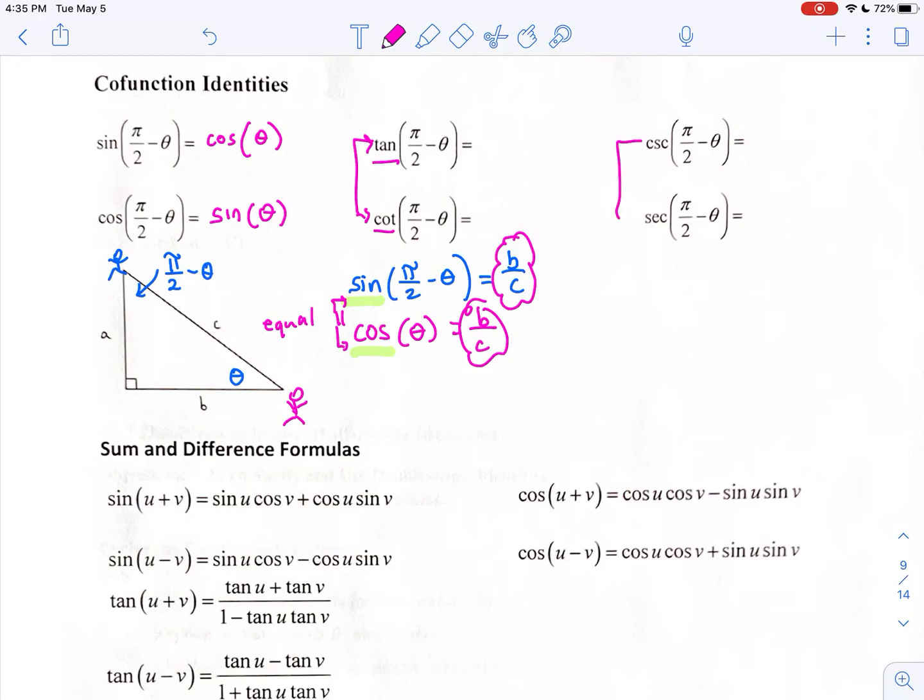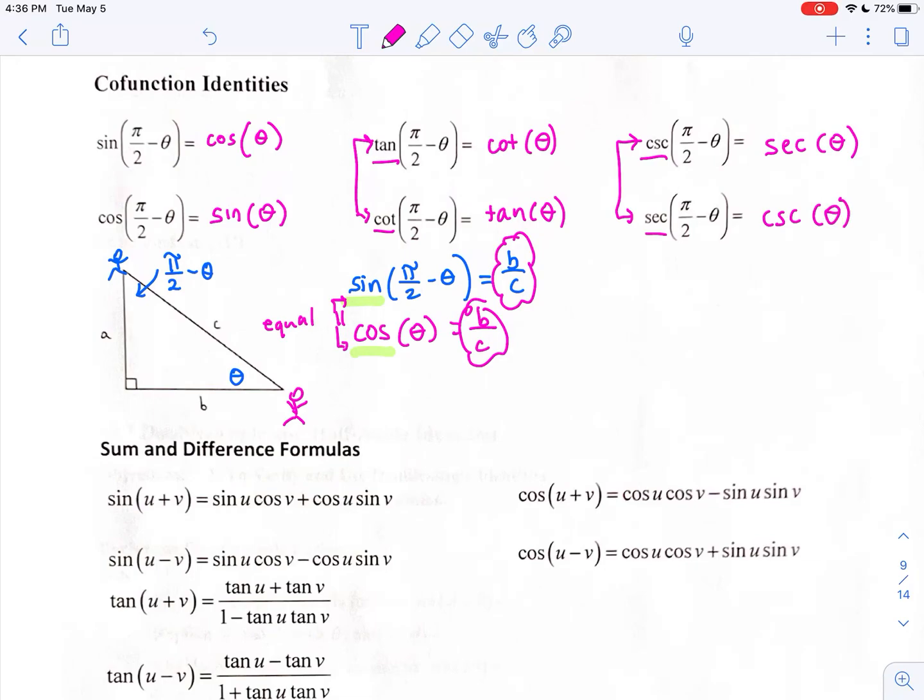And so if they are, then tangent of pi over 2 minus theta is equal to cotangent of theta, and cotangent of pi over 2 minus theta is equal to tangent of its complement, tangent of theta. And same on the right hand side. Cosecant of pi over 2 minus theta is equal to secant of theta. Secant of pi over 2 minus theta is equal to cosecant of theta.